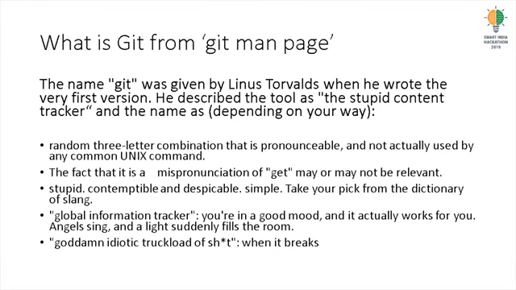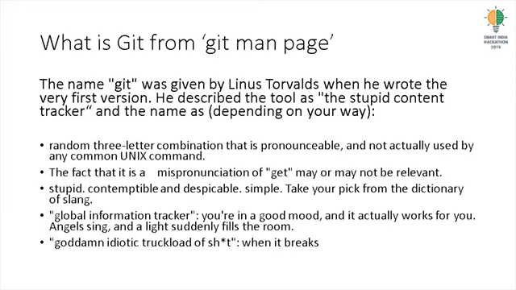It's just a random 3-letter combination that is pronounceable and not actually used by any existing Unix command. The fact that it is a mispronunciation of get, because you are trying to get files from your version control, may or may not be relevant. It's just a stupid, contemptible, despicable, simple, take your pick from the dictionary of slangs.